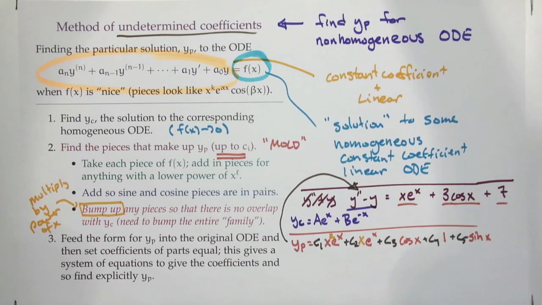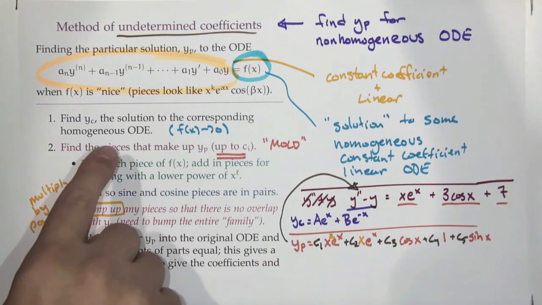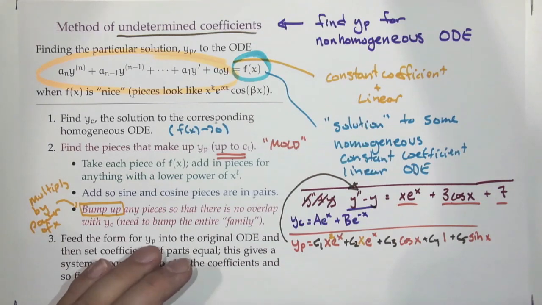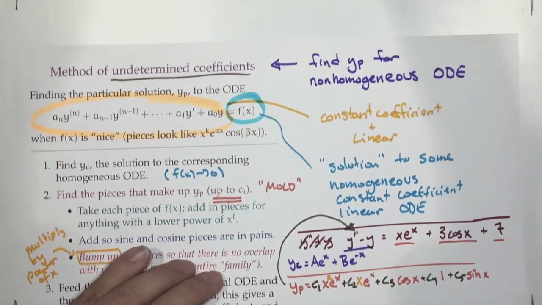So basically what you should think of is your solution is the pieces of your right-hand side with unknown coefficients, plus enough extra to account for things like lower powers of x, sine and cosine coming in pairs, and any overlap. So we're just taking the right-hand side and fixing it a little bit, patching it up. Most of this is just saying, how do you patch? All right. And as we do examples, things will become a little more clear.